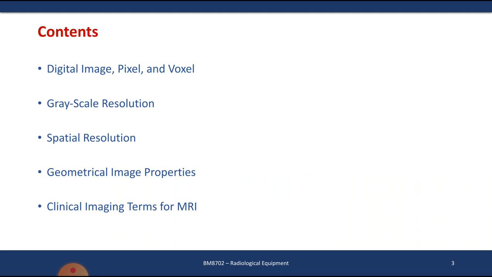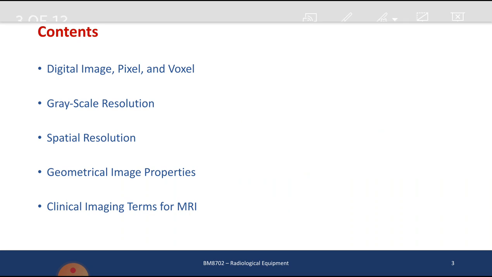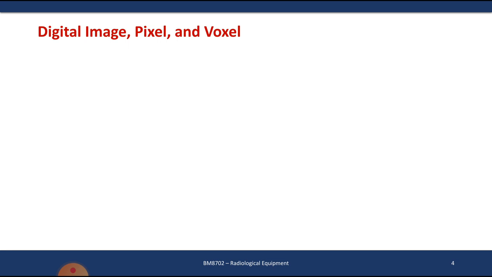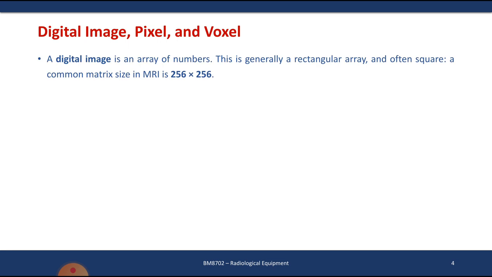So with this we'll wind up this basic introduction, and then next we'll move on to the main core concepts of your nuclear magnetic resonance. First thing, about digital image, pixel and voxel. So digital image is basically an array of numbers. This can be a rectangular array, so often it can be a square matrix also.